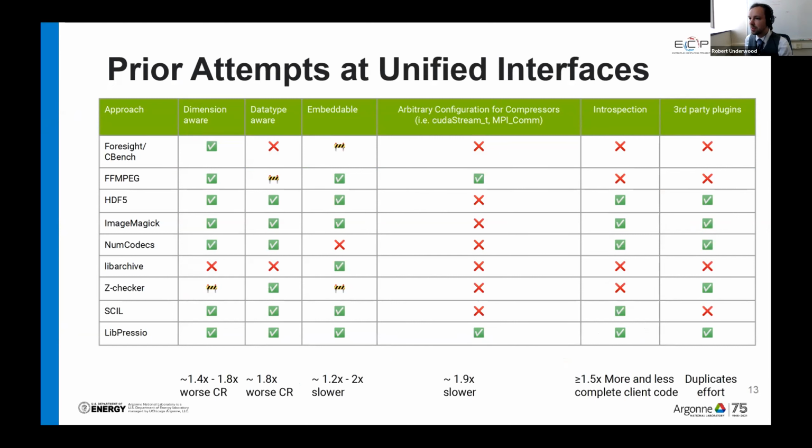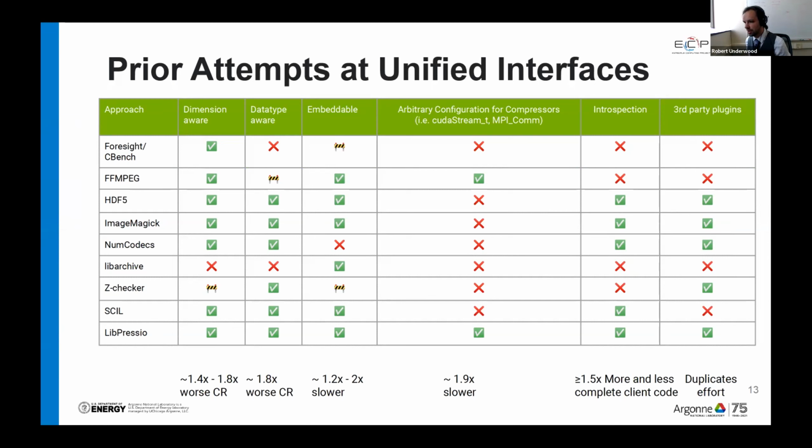If you ignore the dimension information or don't represent it correctly, you can make your compression ratio 1.4 to 1.8x worse. If you ignore the data type, you get 1.8x worse. If your compression routine is not embeddable in C, C++, or Fortran style compiled languages, your code can potentially be 1.2 to 2 times slower. Many of the more recent developments in compressors need data types like CUDA streams and MPI comms, and the equivalent Kokkos and AMD equivalents.